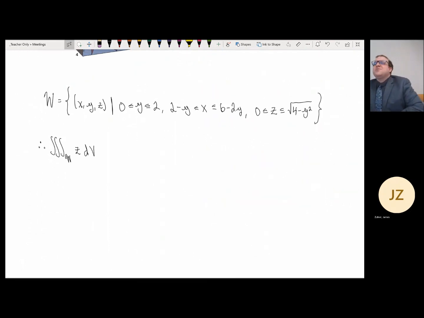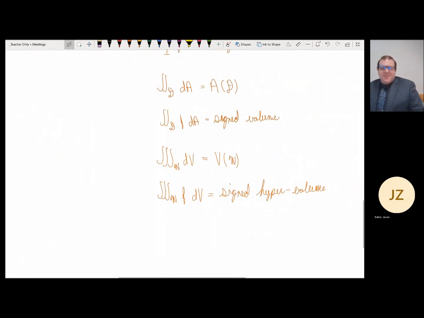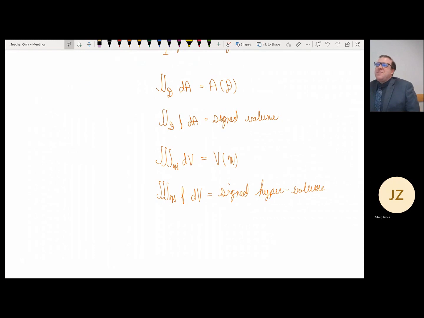So that's what we're doing here. We're trying to find a signed hypervolume, right? It would be positive if it lies above the XYZ plane or hyperplane, let's call it. Negative if it lies below the XYZ hyperplane.